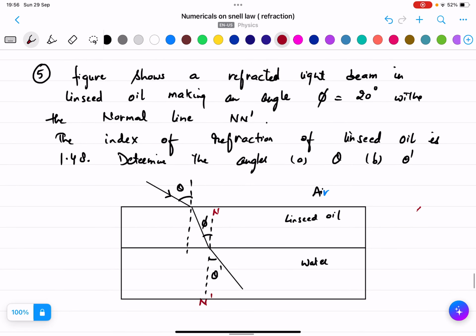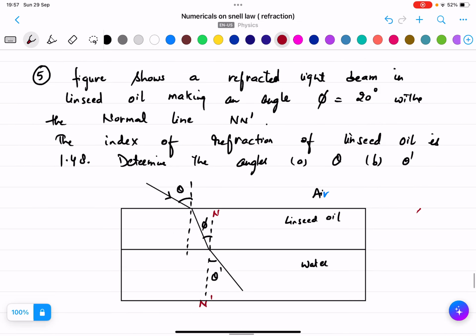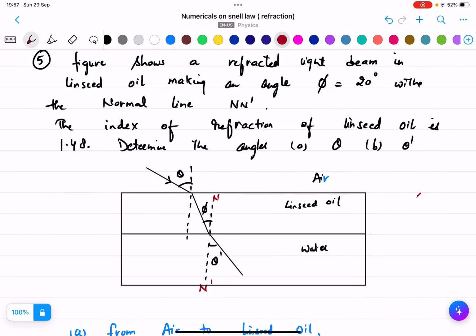Now numerical number 5. Figure shows a refracted light beam in linseed oil making an angle phi equals 20 degree with the normal line n dash. The index of refraction of linseed oil is 1.48. Determine the angles theta and phi dash, theta dash. So very simple.